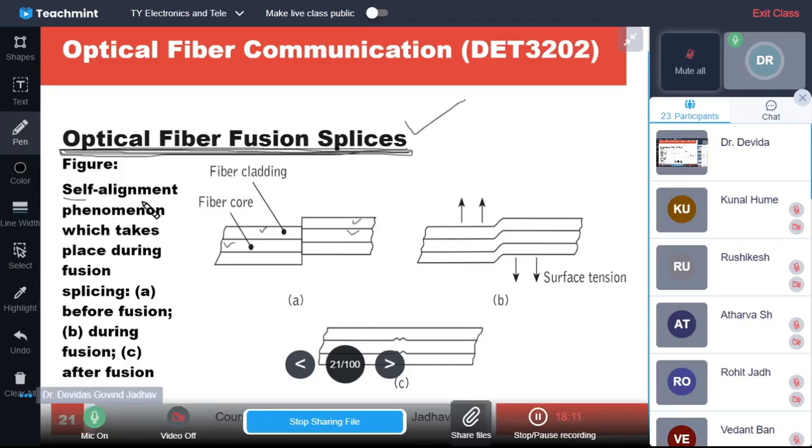The self-alignment phenomena which takes place during the fusion. With the help of the self-alignment phenomena, automatic self-alignment takes place. So, what is this phenomena?